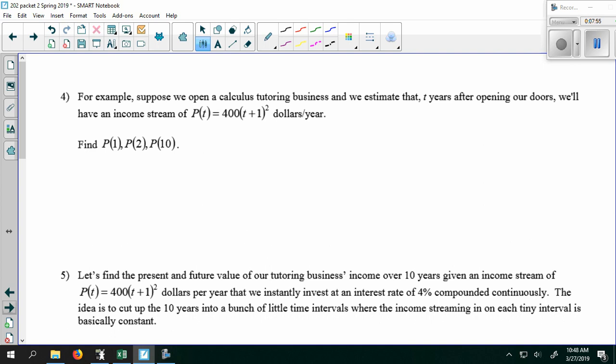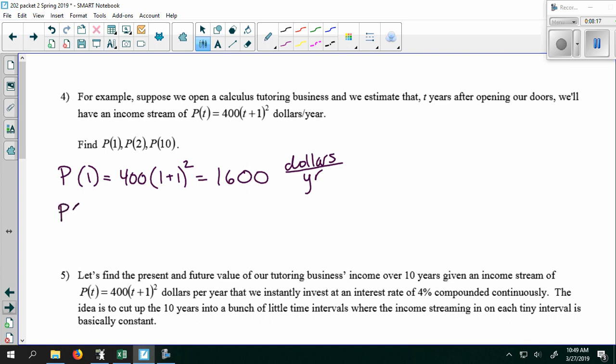So let's calculate our income stream 1 year after we open the doors. P of 1, we think that we'll be making 400 times (1 plus 1) squared, or $1,600 per year. P of 2, 400 times (2 plus 1) squared, or $3,600 per year.